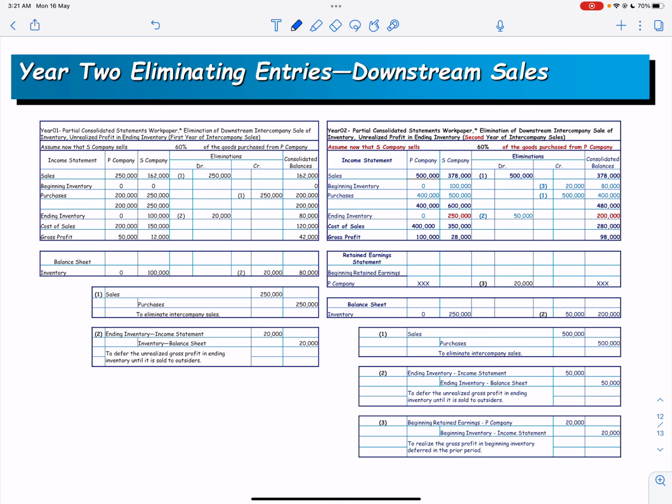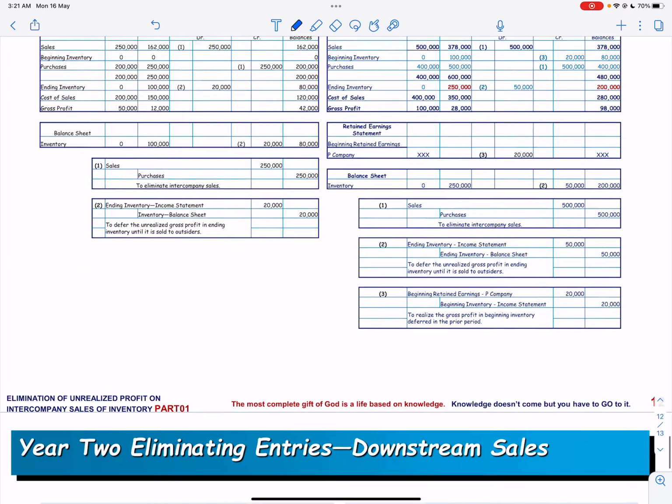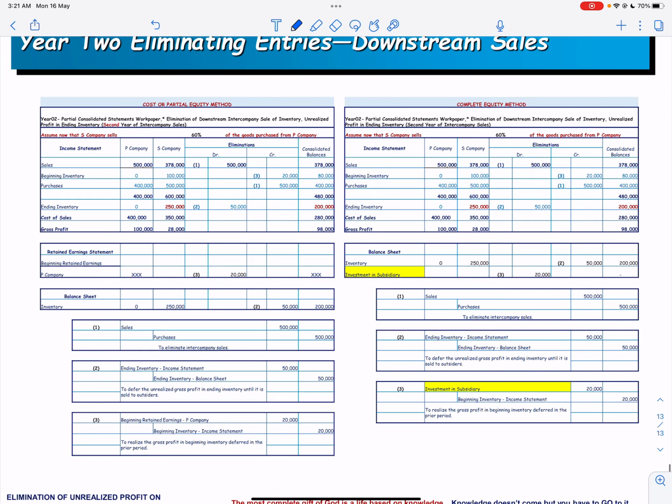Next, we are going to look into how we are going to record these transactions for the complete equity method for the second year. For the cost or partial equity method, we have already completed. But when you look into the complete equity method, there is no change as far as the consolidated balances or the adjustments are concerned.